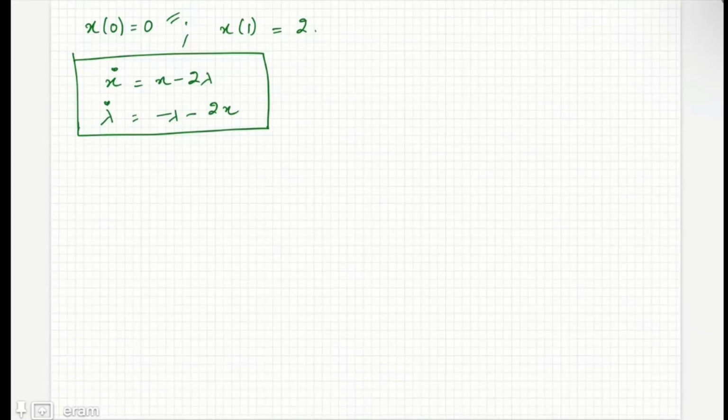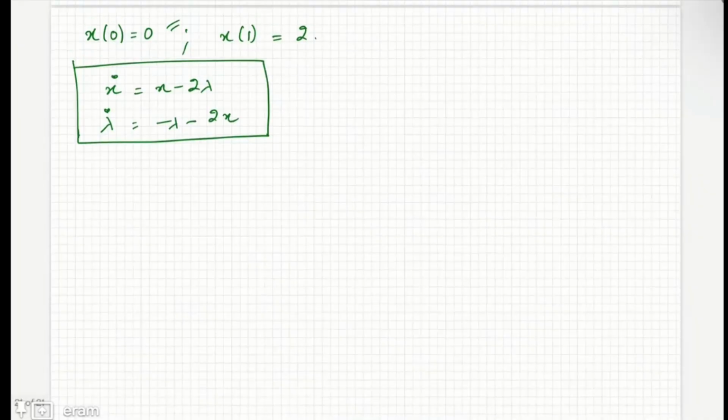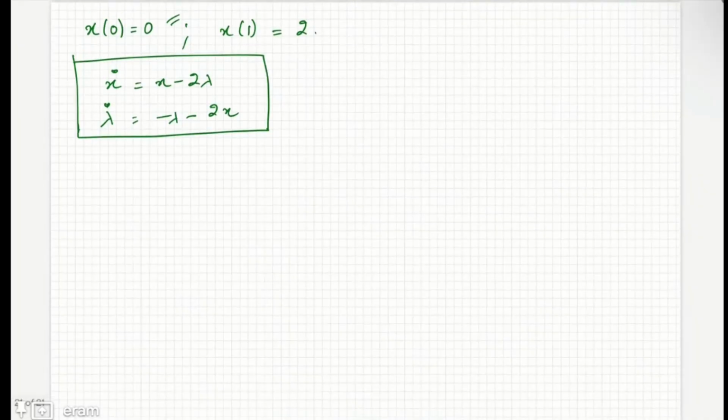In order to solve, we can put the lambda value over here. So when we calculate x double dot, it will be x dot minus 2 lambda dot.